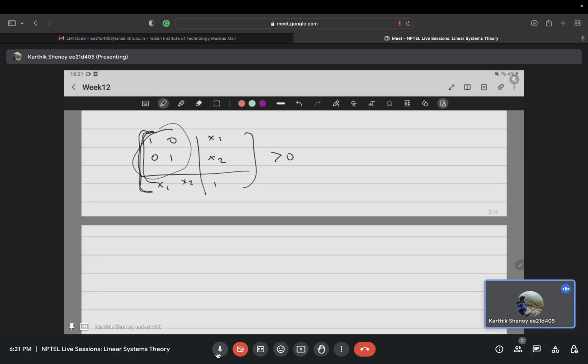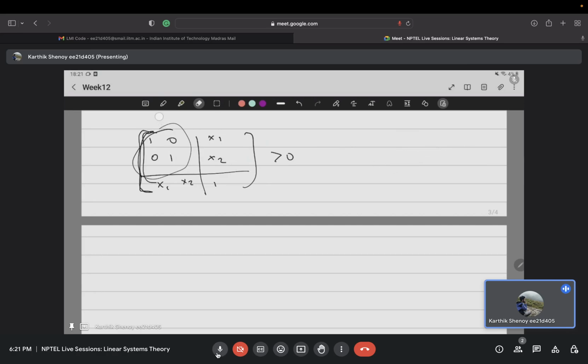So if I do not have any Schur complement with me, I do not have the knowledge, how will I check? I will have to check if eigenvalues of this, so I will have to write lambda minus 1, etc., and it will have some terms in x1 and x2, is greater than 0, for all. So I have to find x1 and x2 such that all the lambdas are greater than 0, the real part.